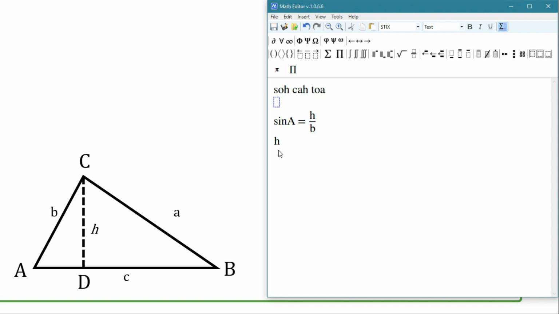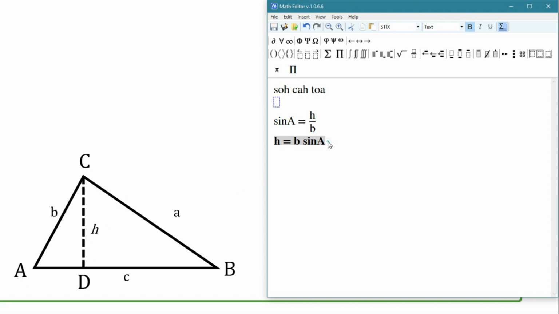That will yield h equals b times the sine of A. So we have just represented the value of h in terms of the sine of the angle multiplied by the side of an oblique triangle, that is prior to the first right triangle that we have formed, right triangle CAD.